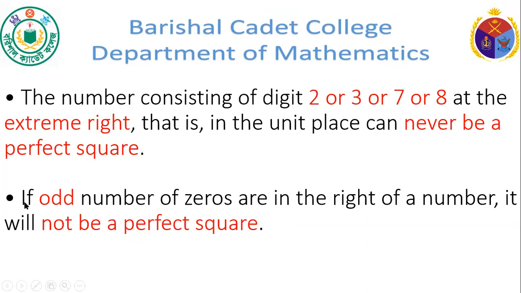Another one: if an odd number of zeros are at the right of the number, it will not be a perfect square. So one thing we have seen is that if the rightmost digit is 2, 3, 7 or 8, it cannot be a perfect square. Again, if there is an odd number of zeros at the right of the number, then it will not be a perfect square.